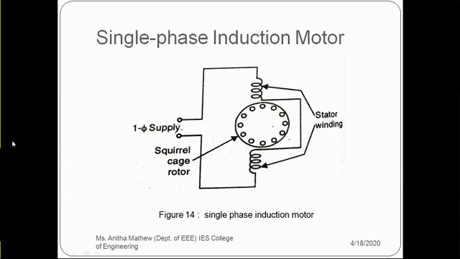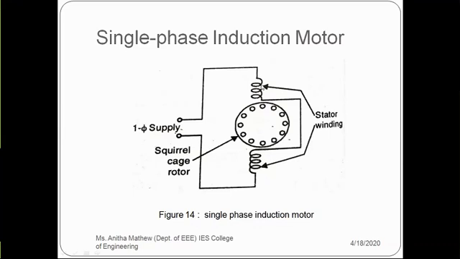I will explain this once again. As in the three-phase induction motor, there is a stator and a rotor. The stator is provided with single-phase supply. But in three-phase induction motor, we are providing three-phase supply, three-phase winding.